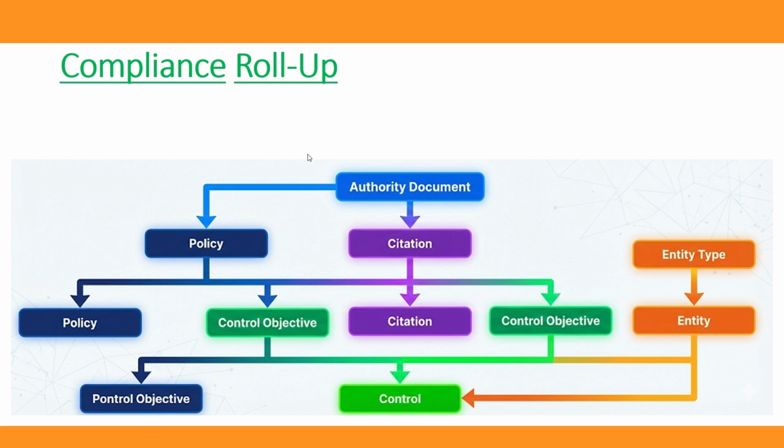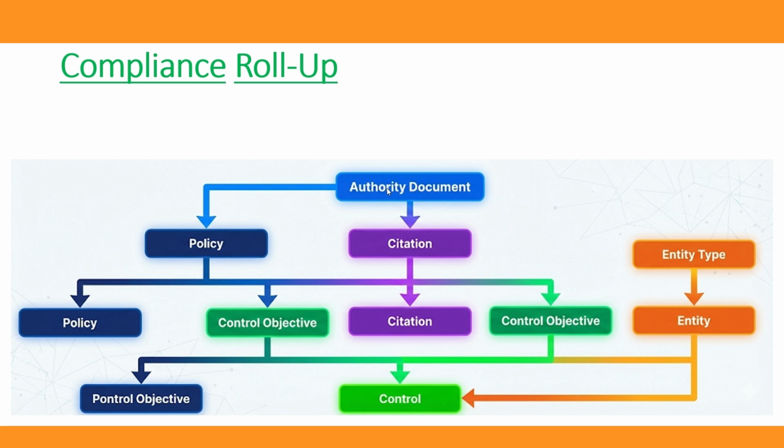To start with, we have the authority document, which is nothing but the external regulations or external frameworks set by the authorities. Likewise, we have internal policies, which are set by the organization itself, and a company needs to follow them. All of these are linked here.